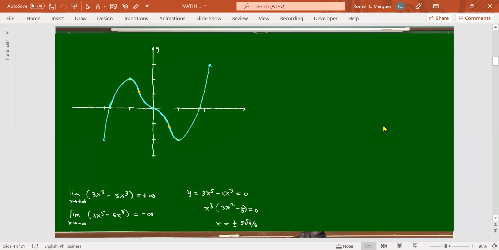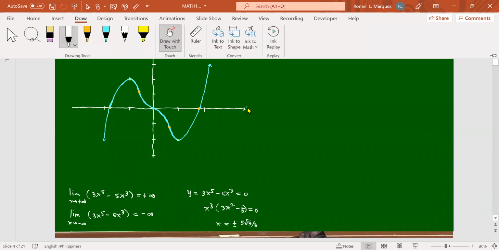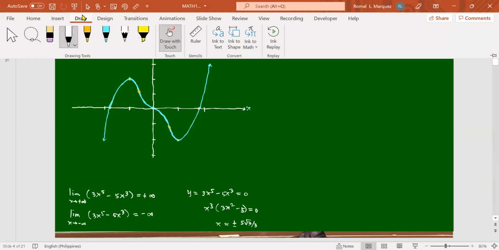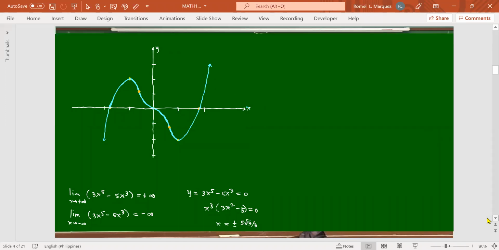Get it, children? Guys? Okay? So that's how the graph looks like. A question, children? Guys? What about the second one? I think there is another one here.